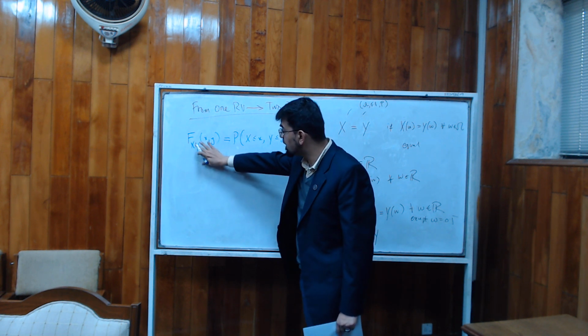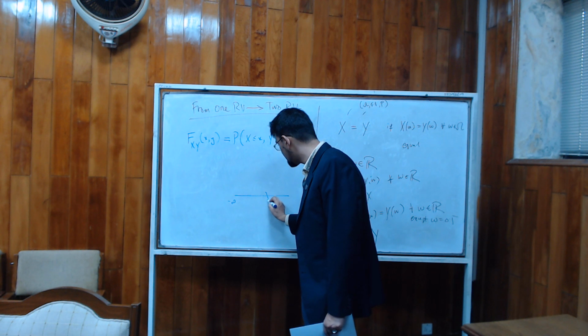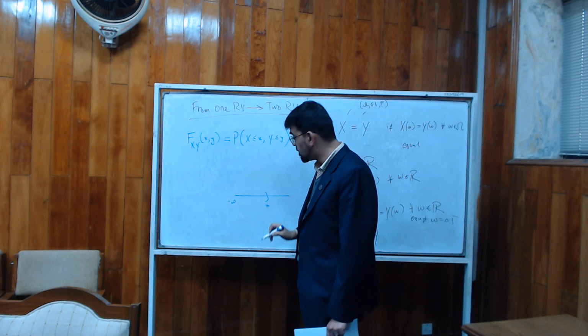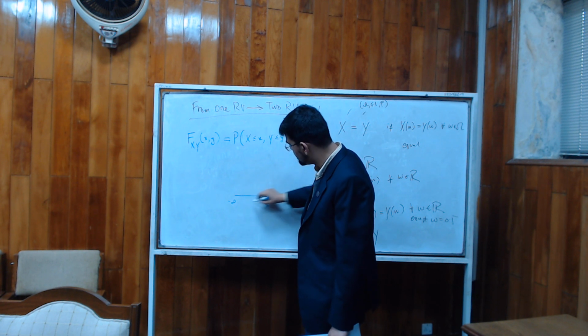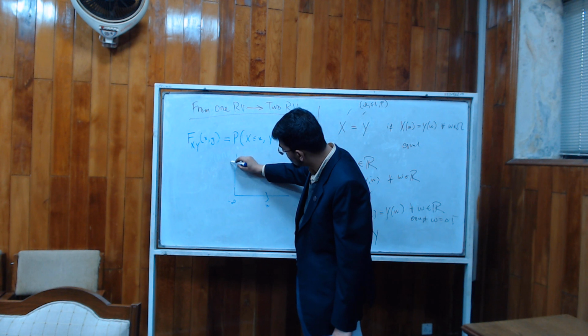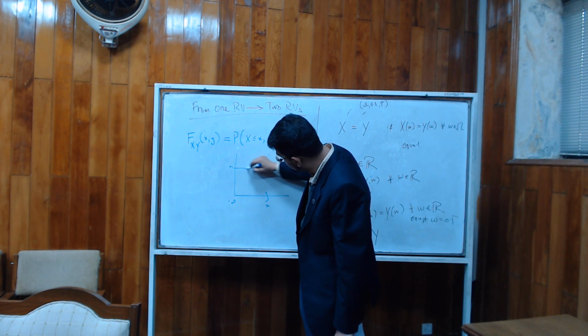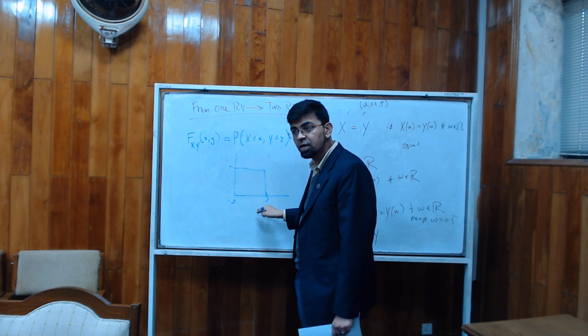Now for a single case, the interval used to go like this. For the double case, the interval now has become what? Minus infinity to x and minus infinity to y. So now it has become a region instead of an interval.